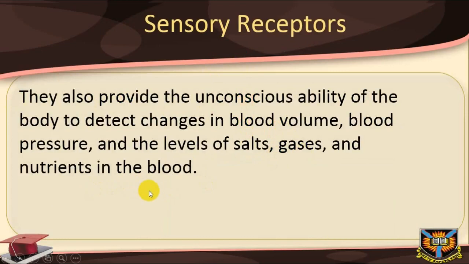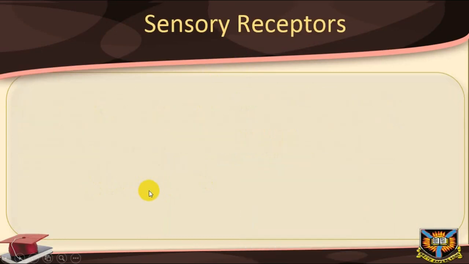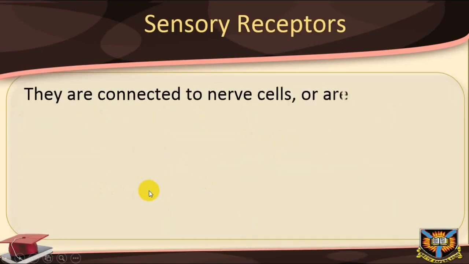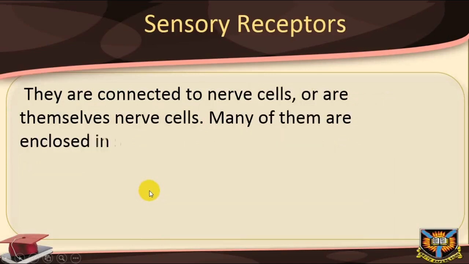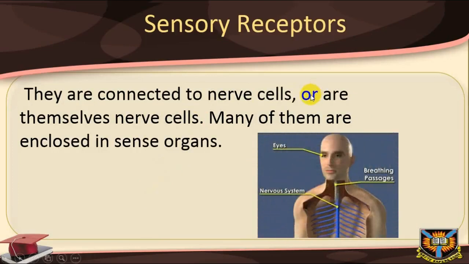These specialized cells are exquisitely adapted for the detection of particular physical or chemical events outside the cell. They are connected to nerve cells or are themselves nerve cells. Many of them are enclosed in sense organs.